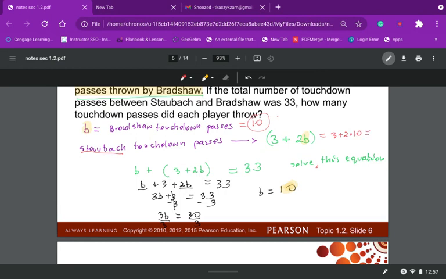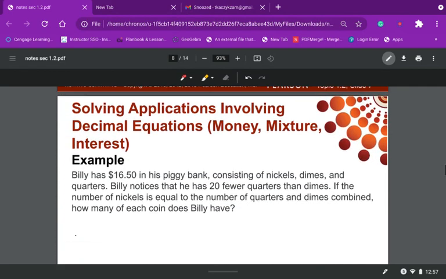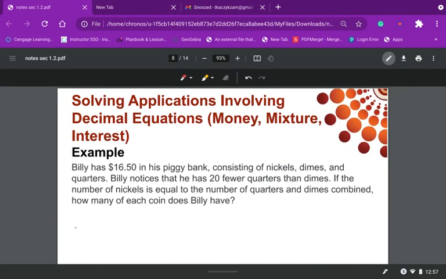So that will be 23. So Staubach had 23 touchdown passes. Bradshaw had 10. So that was one of the problems of solving application. So we have to technically create linear equation and solve that linear equation. Again, you only want to introduce one variable.